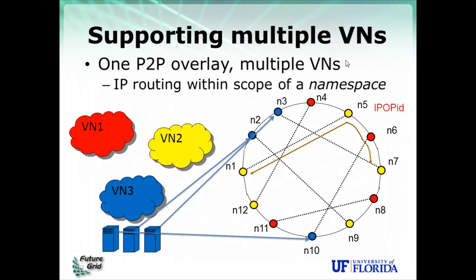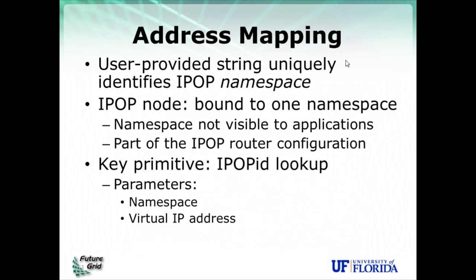So how is this supported in the context of IPOP? The idea is we introduce this abstraction of a namespace, which is a user-provided string that uniquely identifies a virtual network that is multiplexing a P2P overlay.